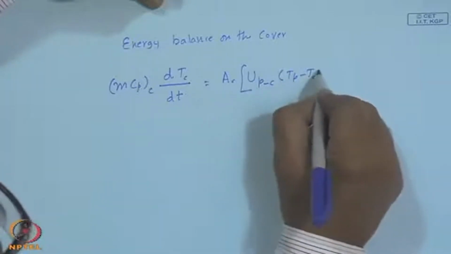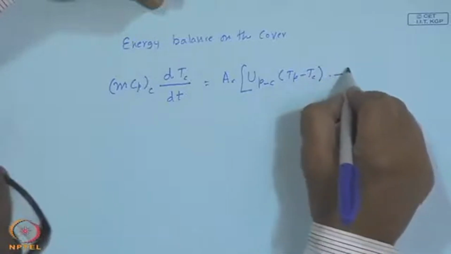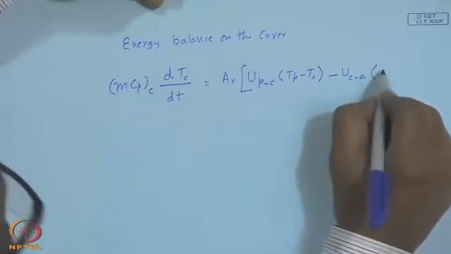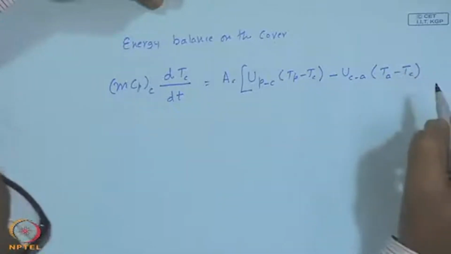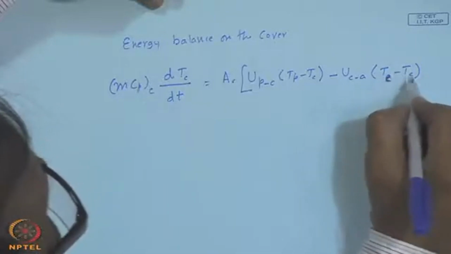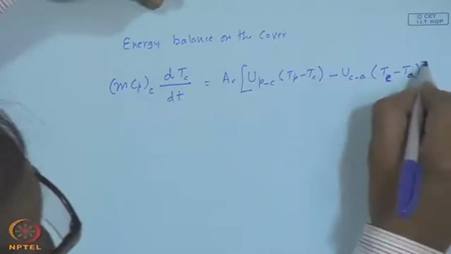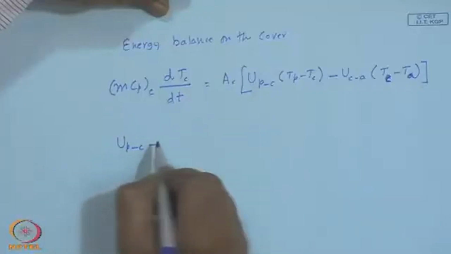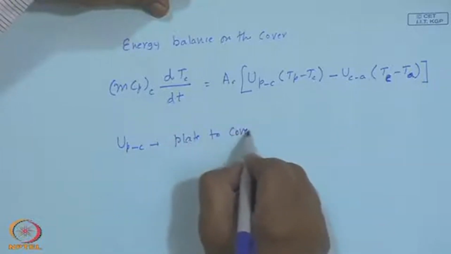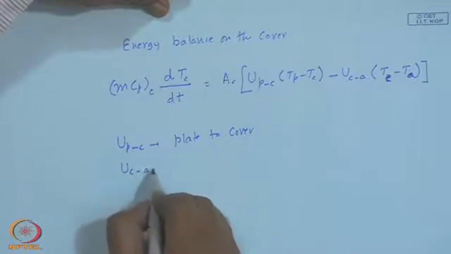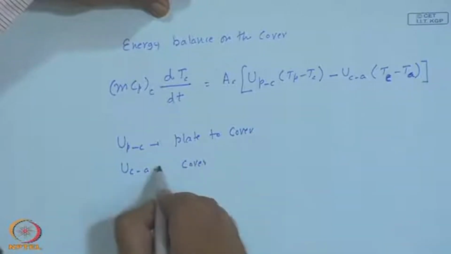This is what the glass cover is receiving, and it is losing U c to A times T c minus T A, because we have written it as subtraction. So, these are the loss coefficients: U P c from plate to cover, and U c to A from cover to the ambient.